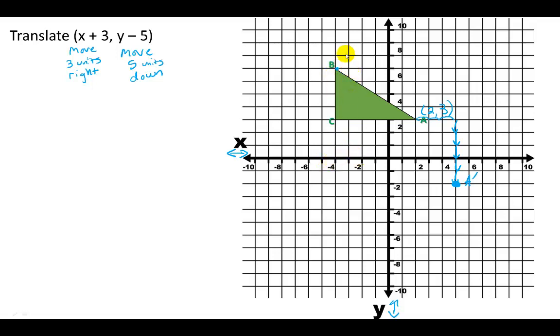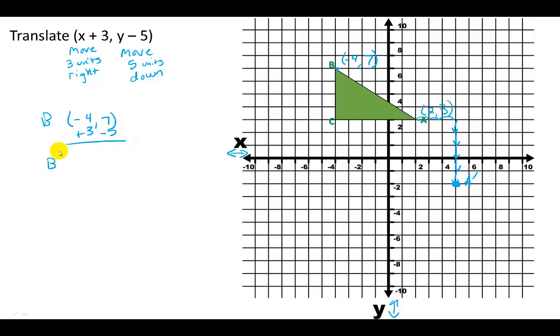B is at -4 and up to 7. So we could say, okay, B is the point -4, 7. We're going to add 3 to the x and subtract 5 from the y.